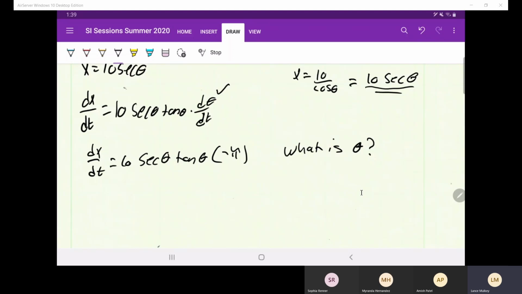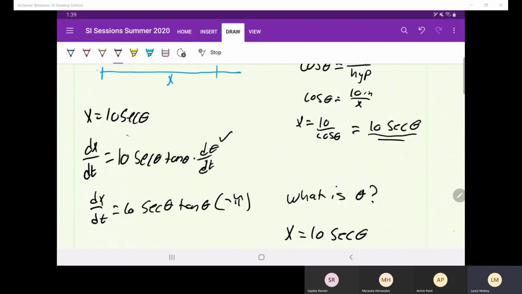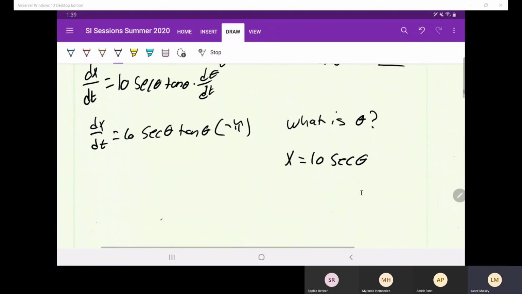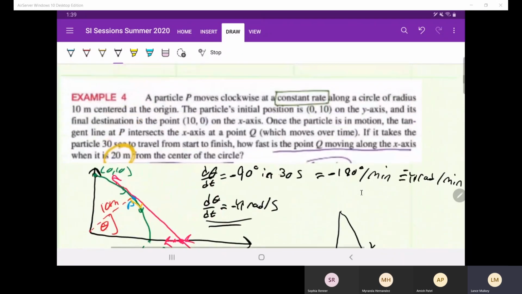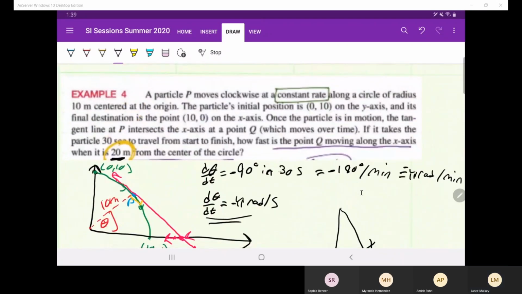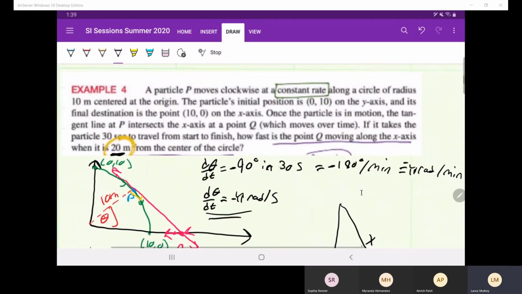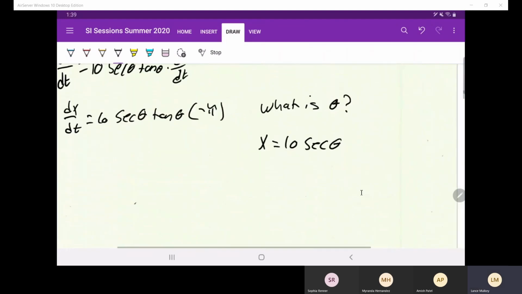When he solved it, he used some funky method, but what's cool is we have x right here equals 10 secant theta, from this equation up here. Well, what's cool is we know what x is. It gives us x right here. And because it gives us x, we can plug that in.